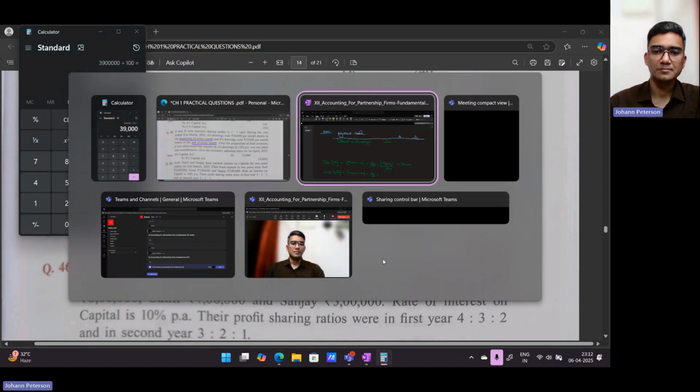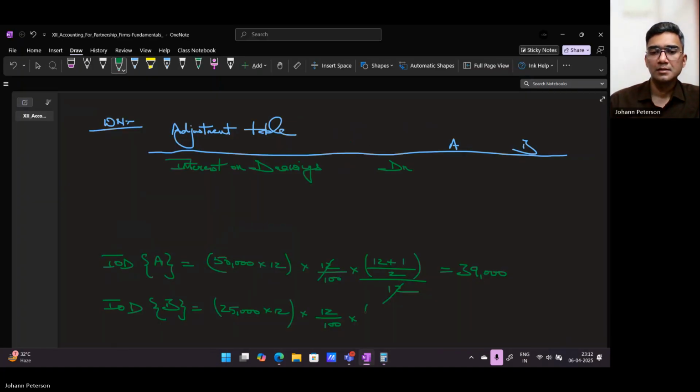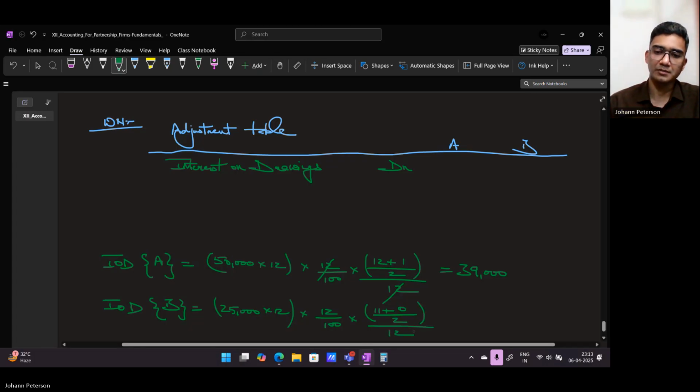That makes it the time left after the first drawings is 11 months because it is end of April. And time left after the last is 0 divided by 2 with the whole thing divided by 12.